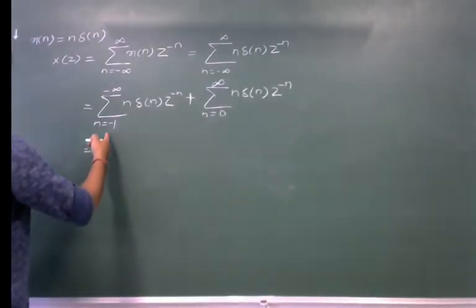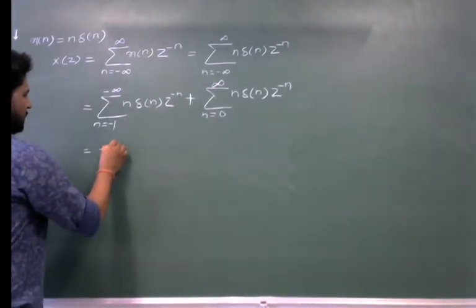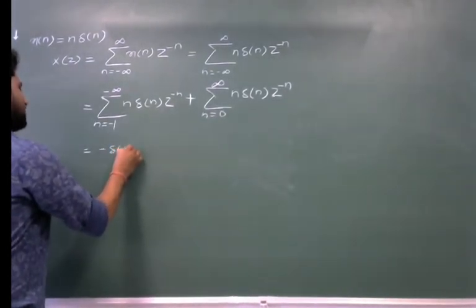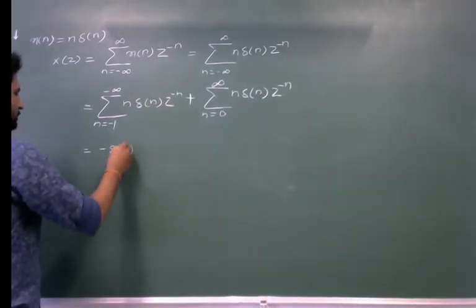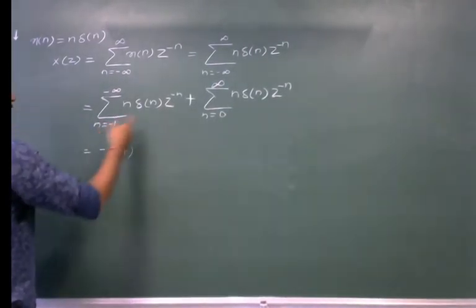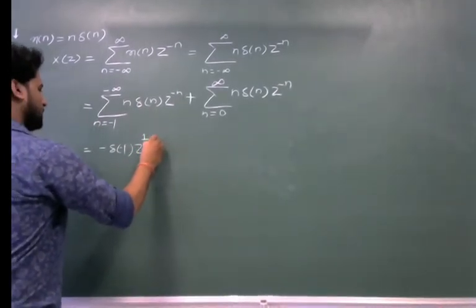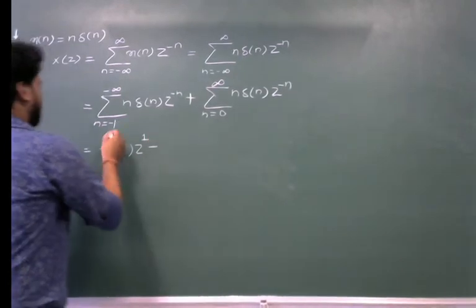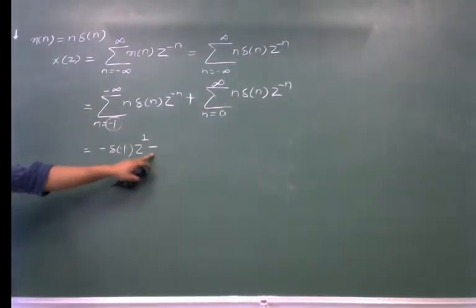Now solve these two summations. When I put n equal to minus 1 here, this will become minus delta of minus 1 into z power 1 plus, instead of plus, because I am taking only negative values of n, so this will be minus.